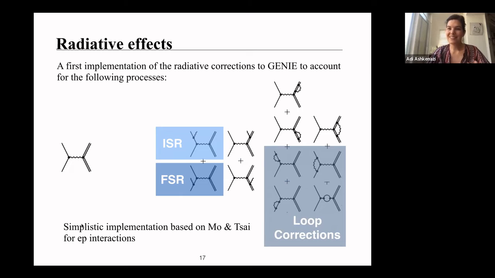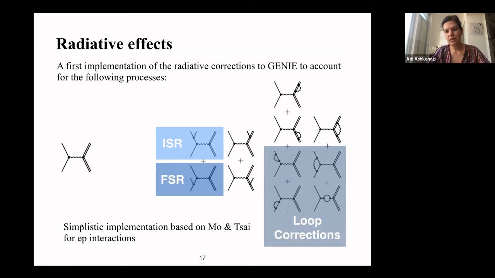We used this for all of the processes in GENIE, which we know is wrong, but because most of our events were quasi-elastic, we thought that it would pass.